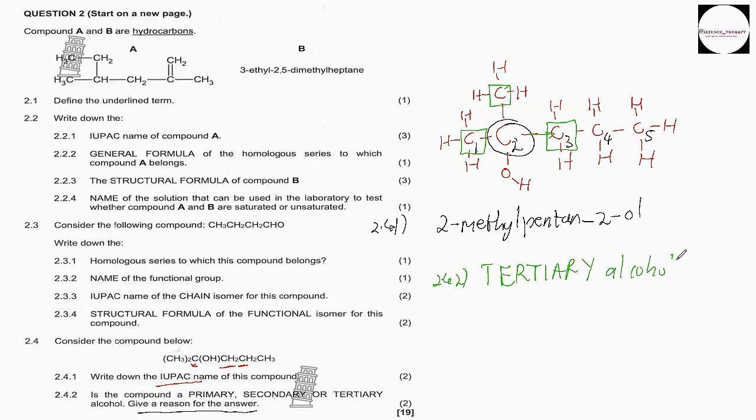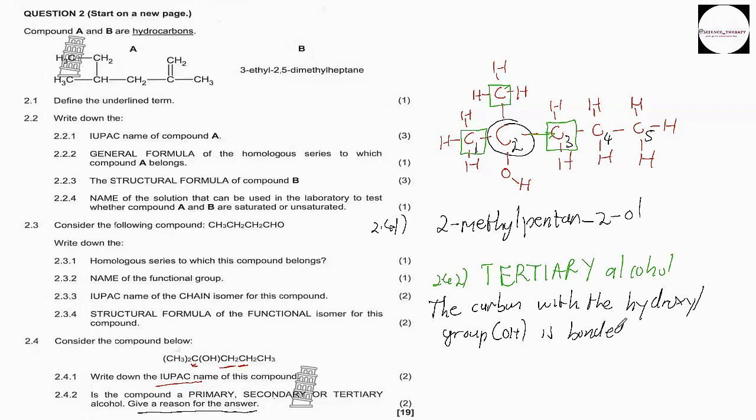Now they say give a reason for the answer. Why do we say it is a tertiary alcohol? Because the carbon with the hydroxyl group, which is the OH, is bonded to 3 other carbon atoms.